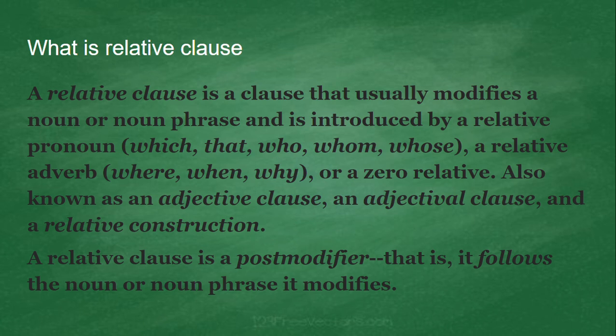A relative adverb, kinds of relative adverbs are where, when, why, or a zero relative, so no relative. It is also known as an adjective clause, an adjectival clause, and a relative construction. A relative clause is a post-modifier that follows the noun or noun phrase it modifies. Okay, let's continue.